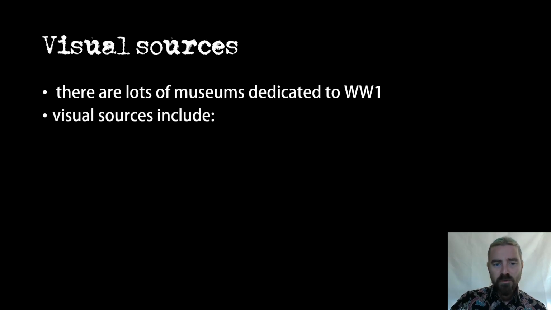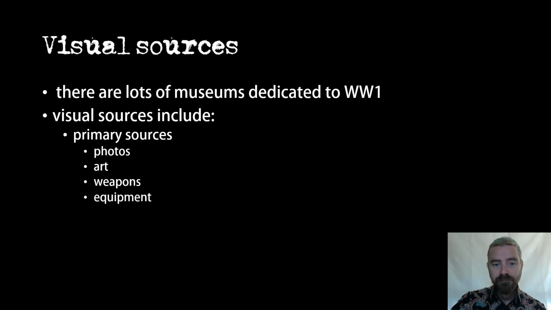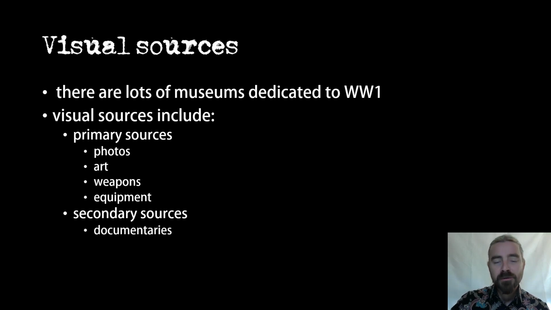So what kind of visual sources do we see for World War One? We see primary sources like photos, art, weapons. So yes, even an old gun from World War One is a primary source. Other kinds of equipment they got, like their funky hats and stuff. Secondary sources we might see documentaries. There are endless documentaries about World War One.